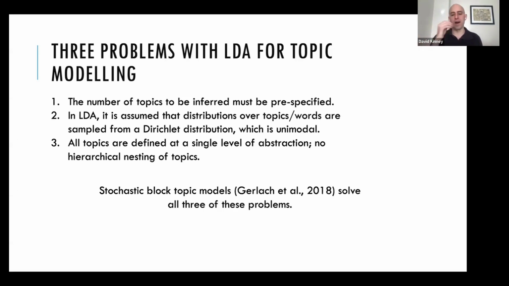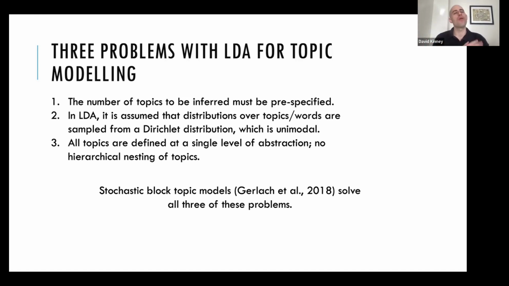And stochastic block topic models, which really starts with work by Gerlach and colleagues in 2018, are going to solve all three of these problems. So we're going to get a way of doing topic modeling where the number of topics to be inferred does not have to be pre-specified. Indeed, it's going to be inferred by the model itself.